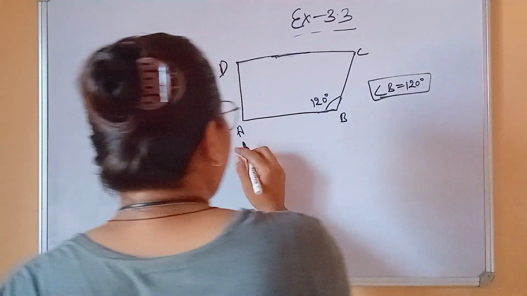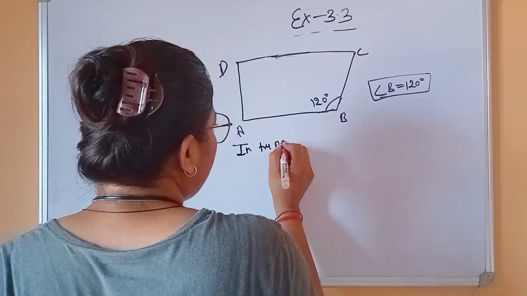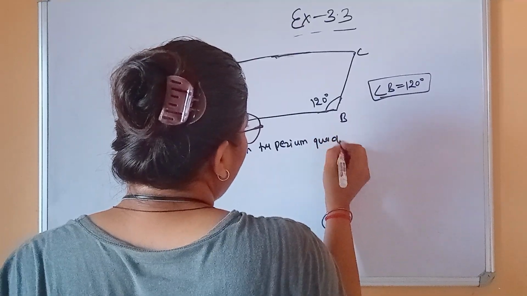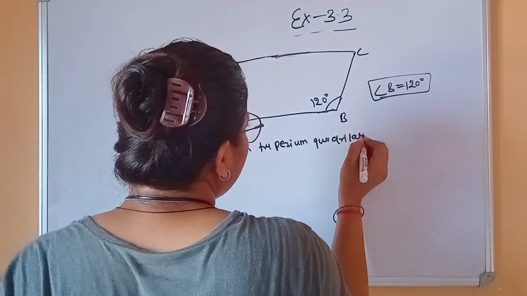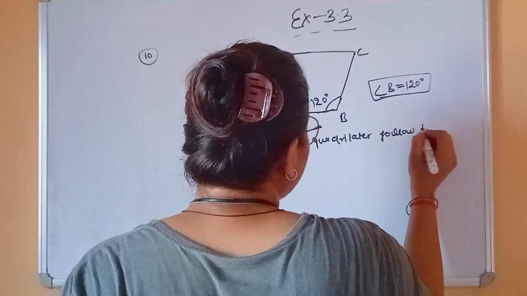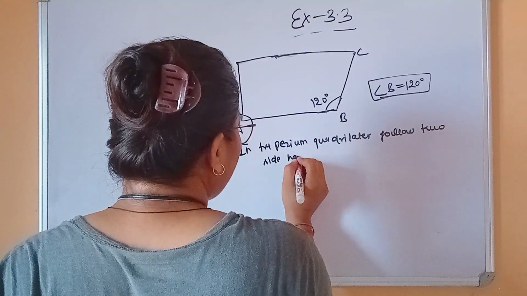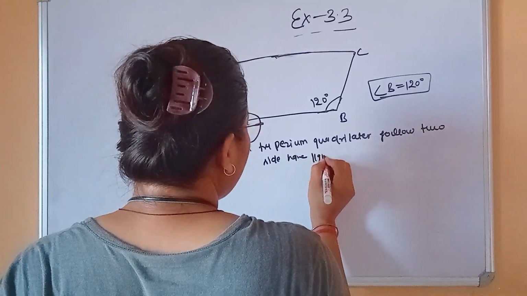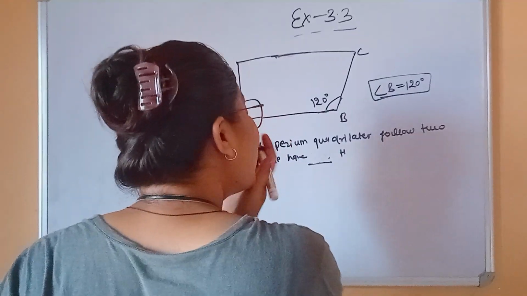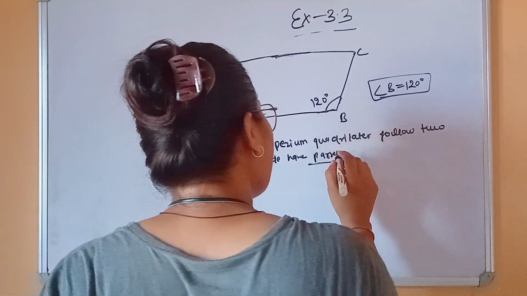So here write: in a trapezium quadrilateral, two sides are parallel. Okay.